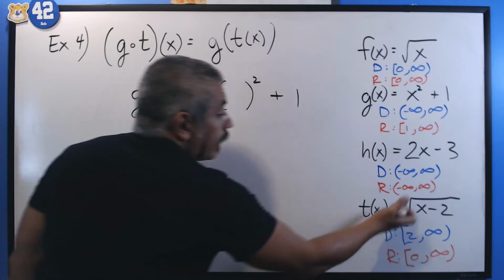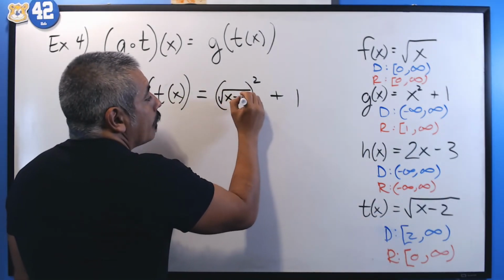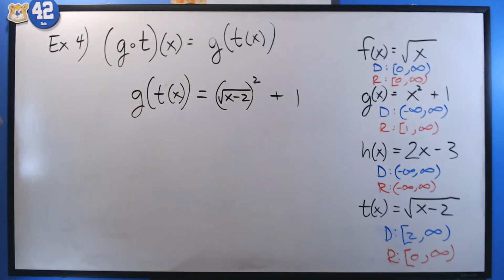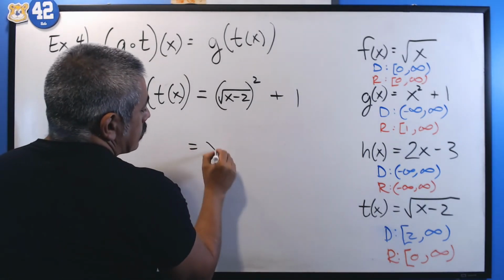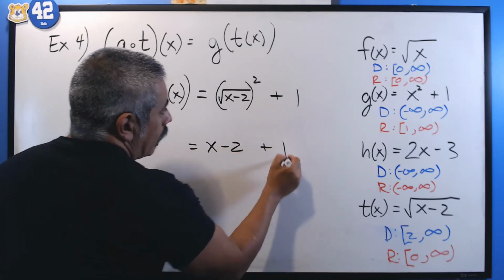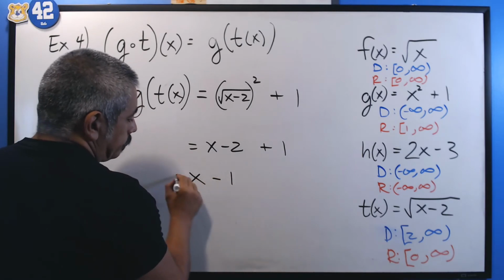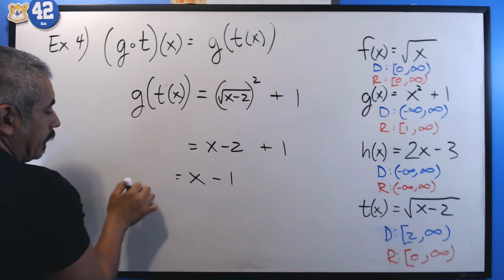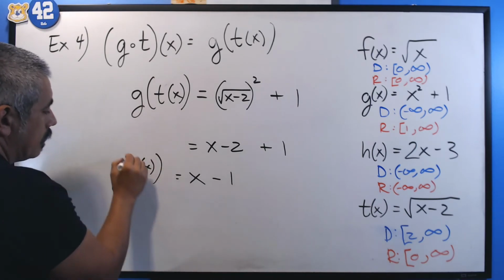And t is root x minus 2, so we're going to plug in root x minus 2. To simplify, we get x minus 2 plus 1, and finally x minus 1. I'm going to put that here, g of t of x.